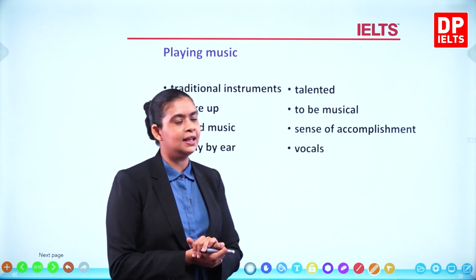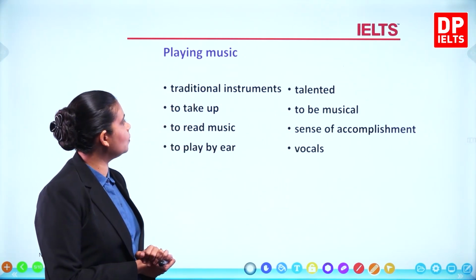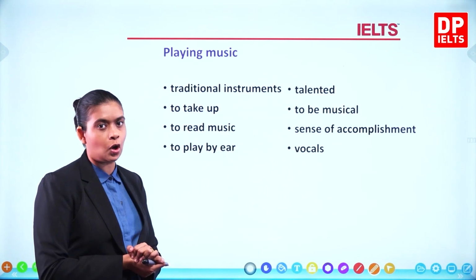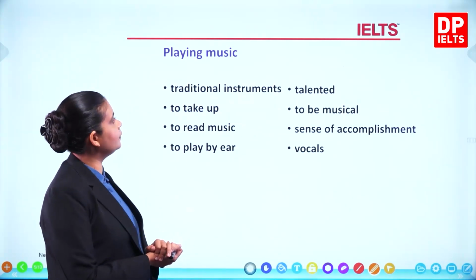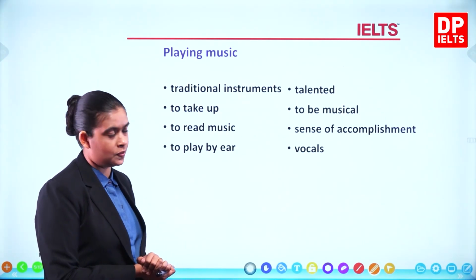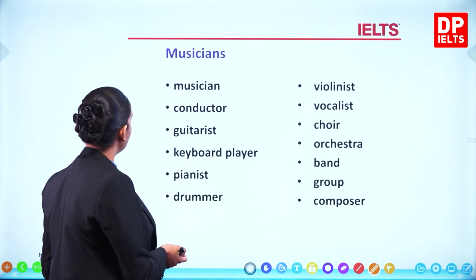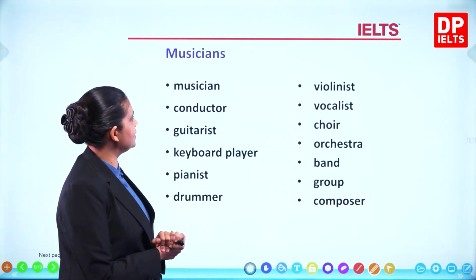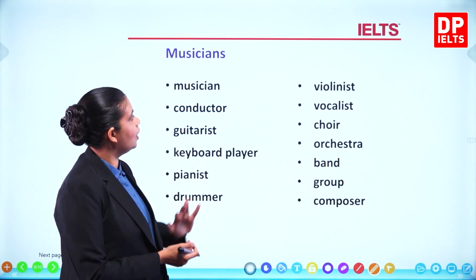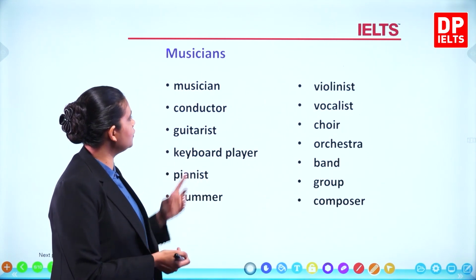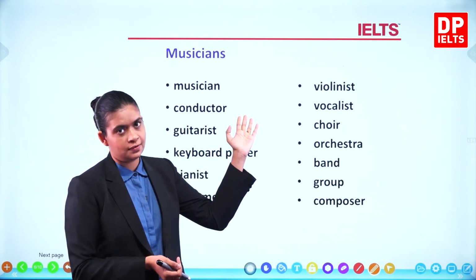So basically here are some of the words or phrases that would come across when you are having a look at playing music. Okay, musicians. We've got a few words here. The first one is musician.